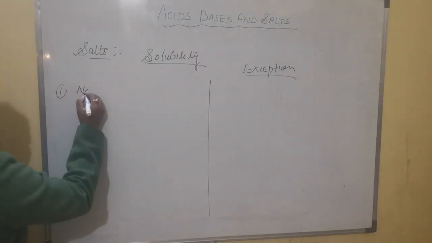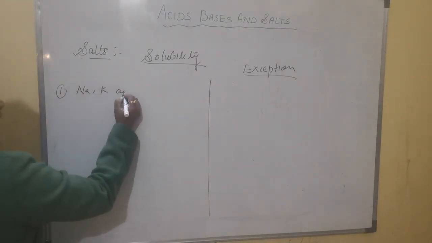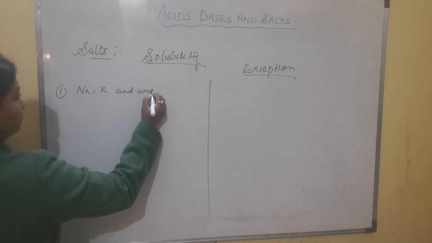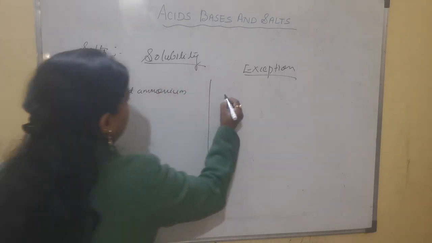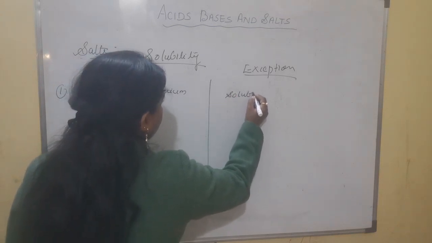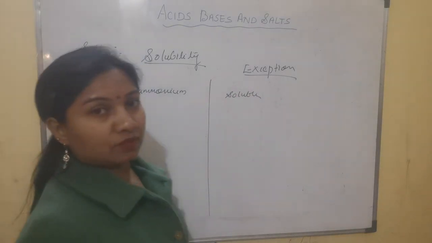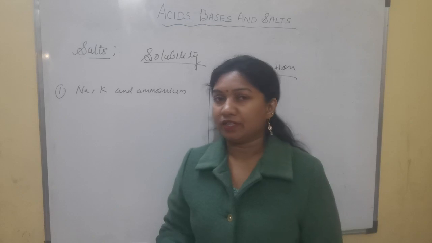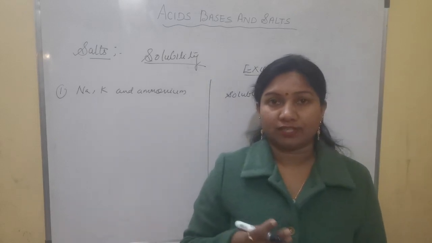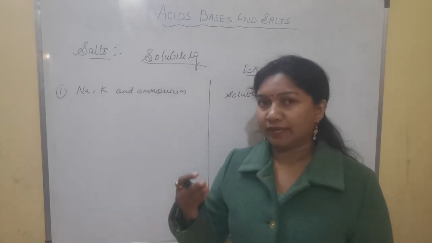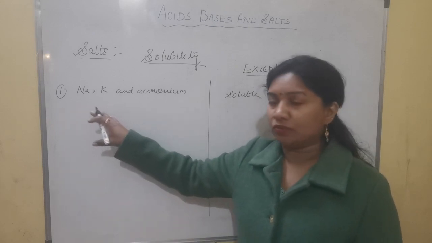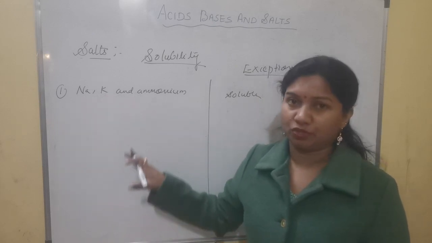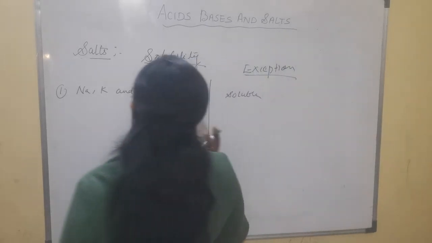All compounds of sodium, potassium and ammonium are soluble. All the compounds, whether nitrate or carbonate or sulfate, of sodium, potassium and ammonium are soluble with no exception.